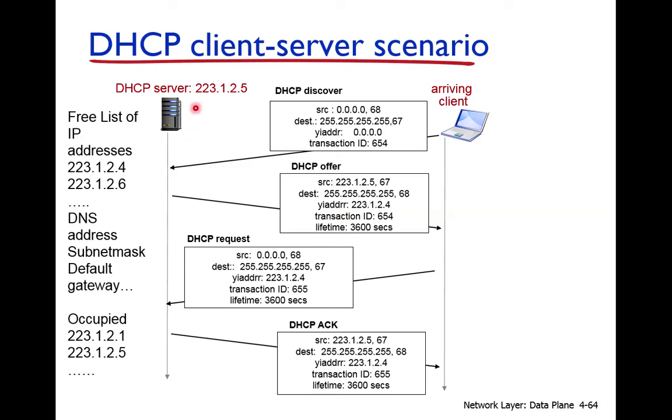So basically the DHCP server manages the IP addresses efficiently. When this client disconnects from the network, suppose it is switched off and this time period is expired, then the server can use this IP address and assign it to anyone else. So it manages the IP addresses more efficiently.